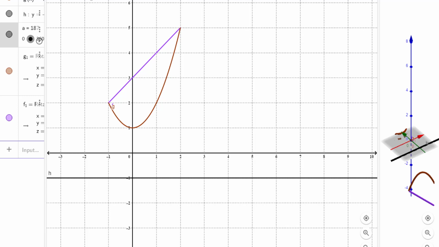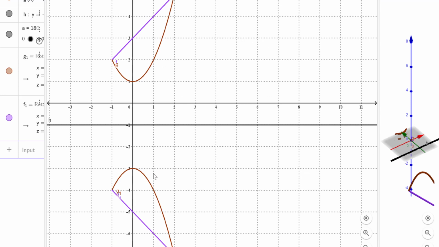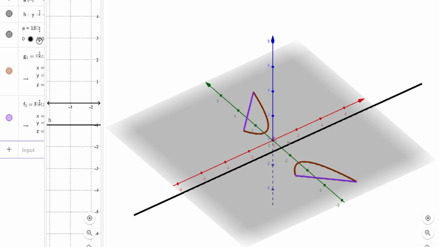And if we do that, you'll see that we get something that looks like this. And so what we need to do is determine the volume if this thing rotates about it. If we were to rotate this shape, we would get something that looks like this.